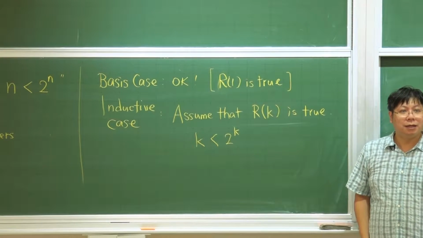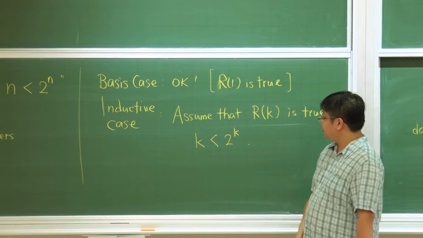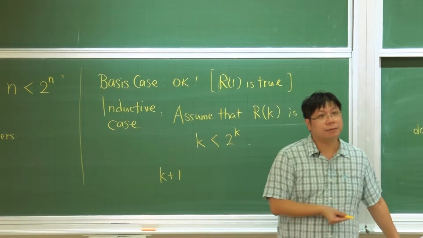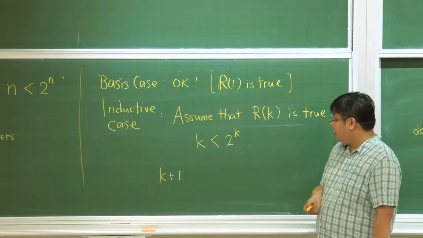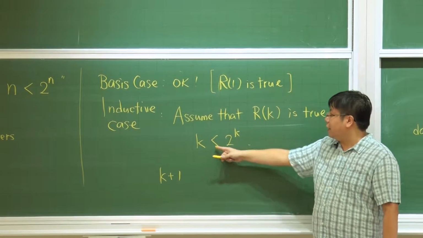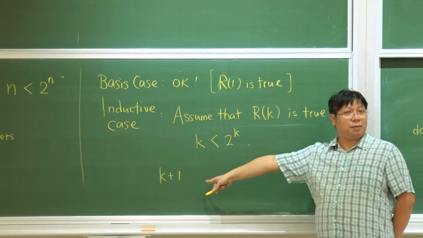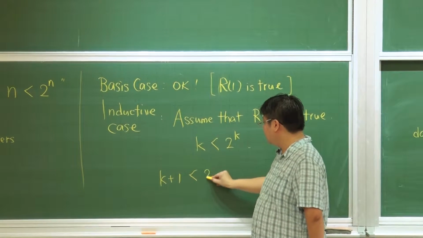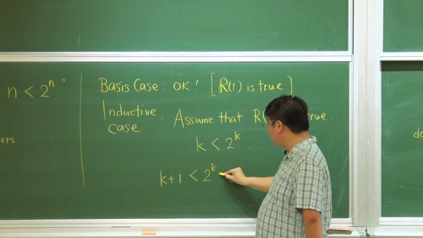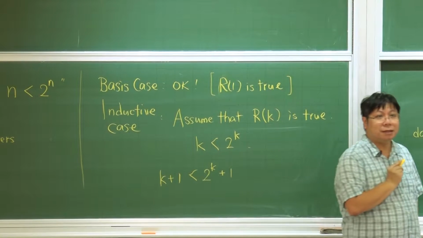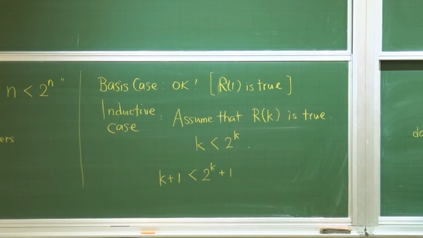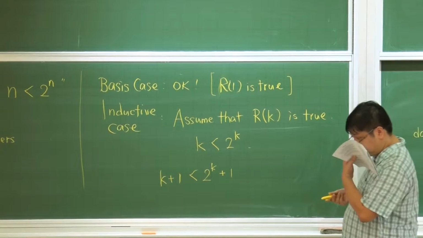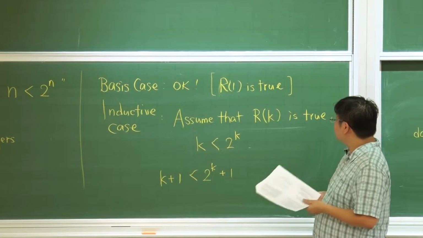And somehow we want to get k plus 1, right? So we know that k is less than 2 to the power k. Immediately, we can write down that k plus 1 must be less than 2 to the power k, and then plus 1. Am I correct? And then what can we say?